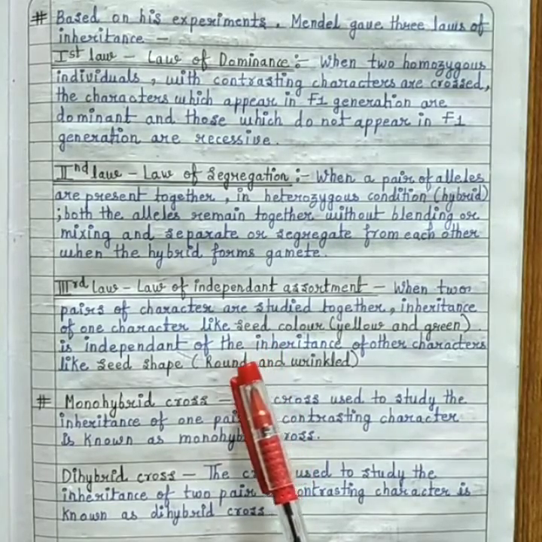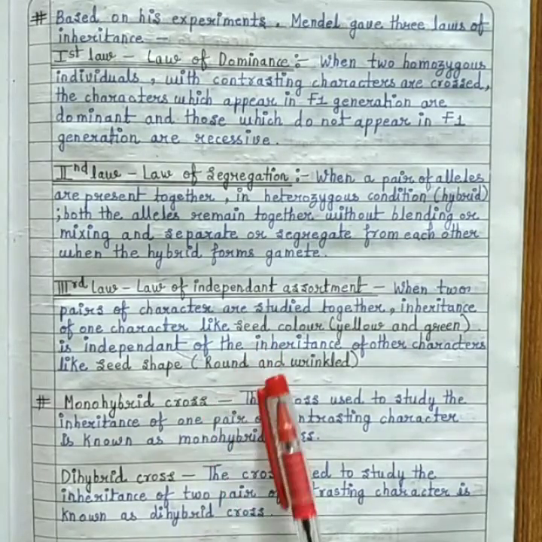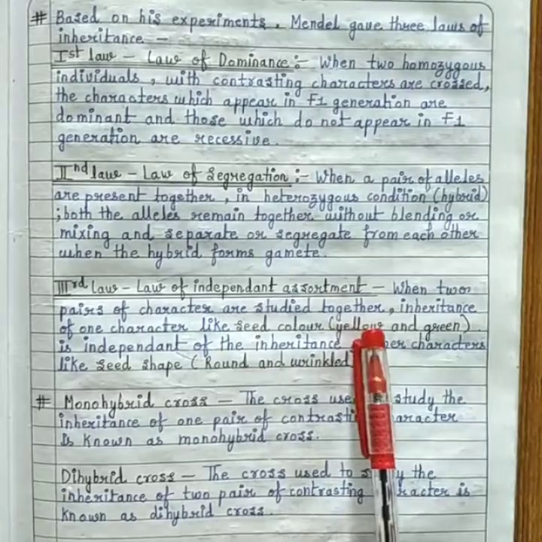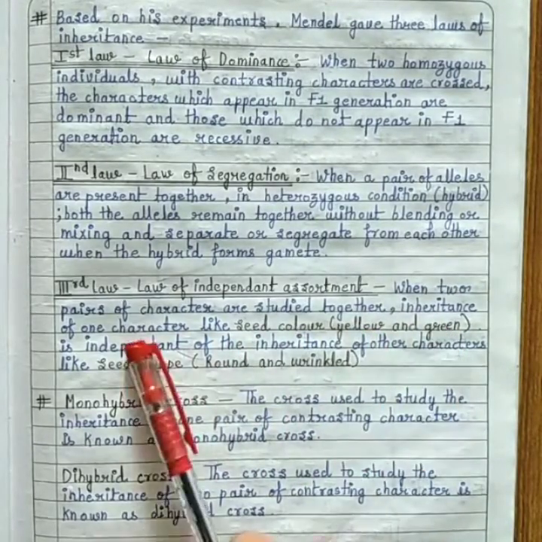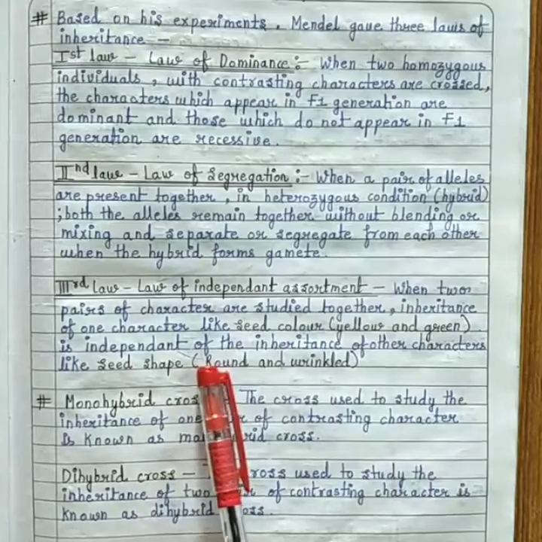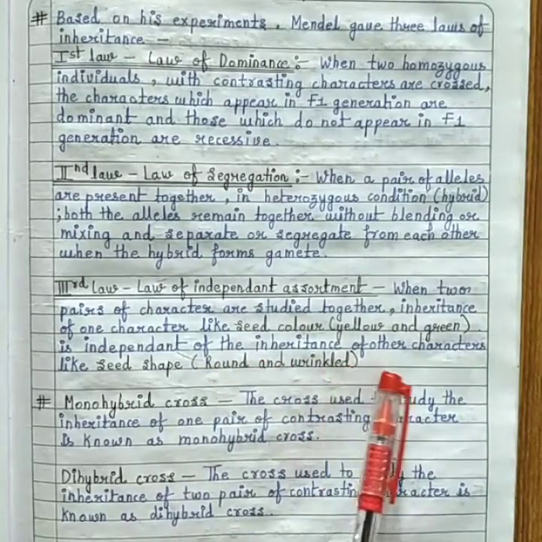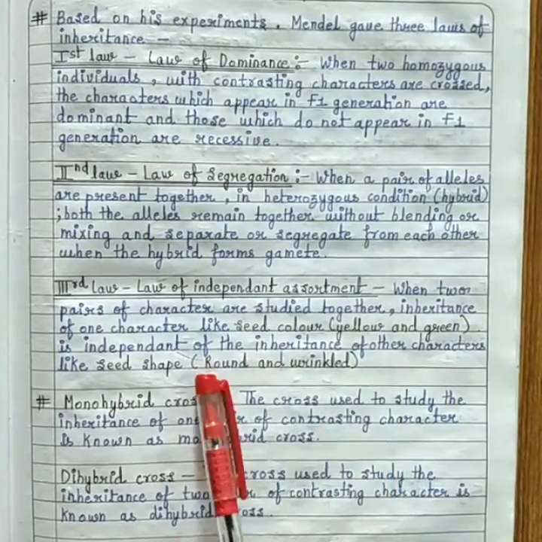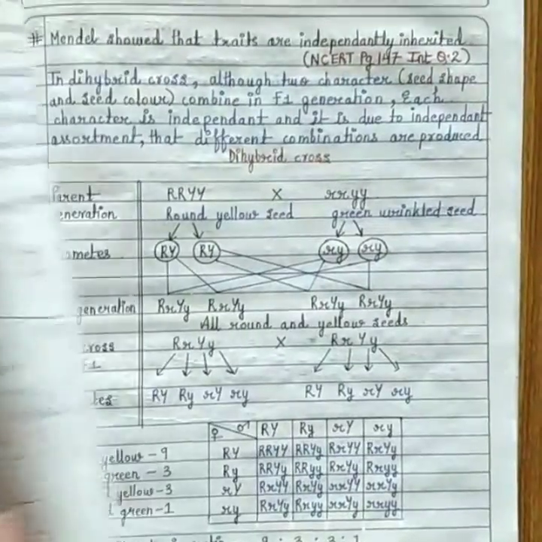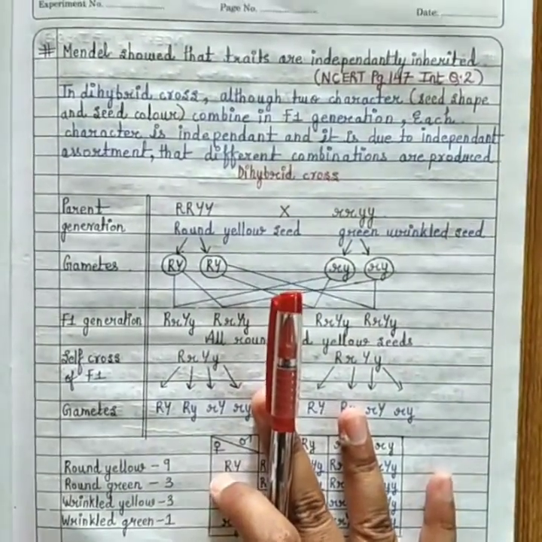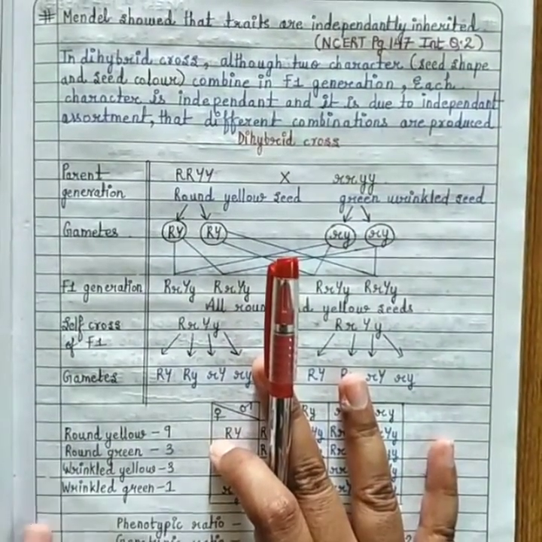It will be based on the dihybrid cross. So the third law of independent assortment states that when two pairs of characters are studied together, inheritance of one character is independent of the inheritance of the other pair of character. So just remember this, and we'll observe it with the help of dihybrid cross now.